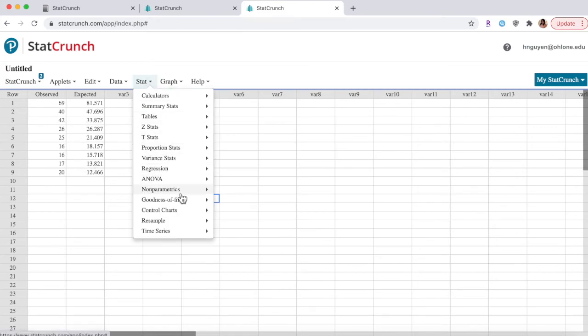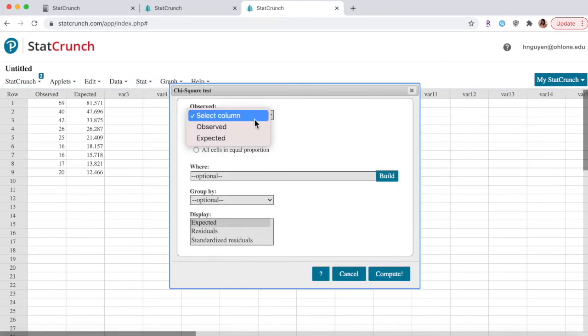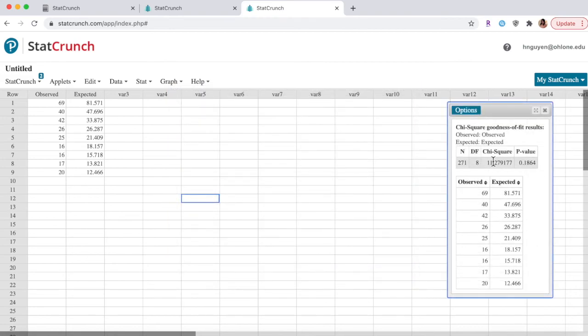Stat, goodness of fit, chi-square test. Choose the correct observed column. For the expected frequency, I cannot use this option since all of these cells are different. I have to have the expected column. This is my test statistic and this is my p-value.